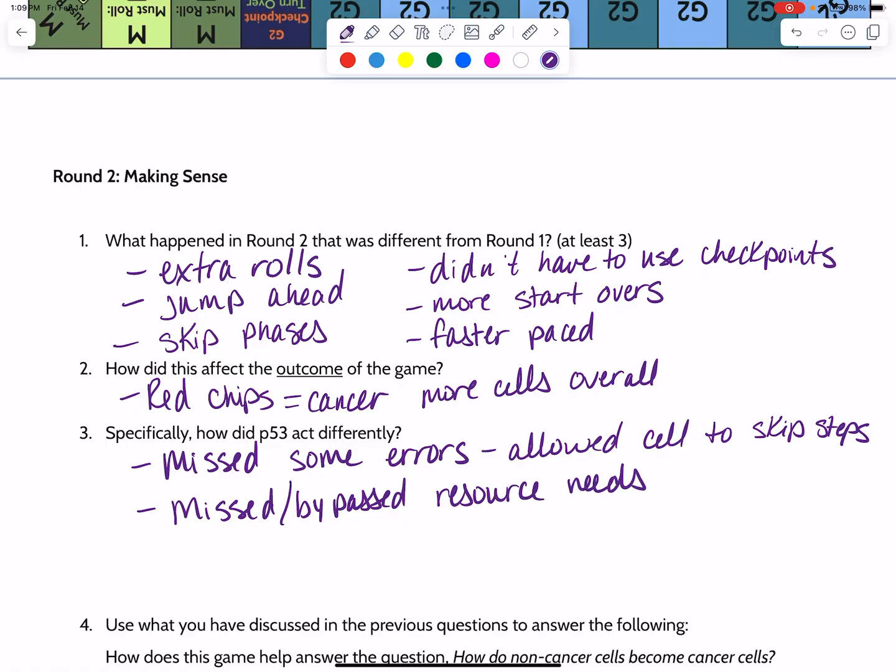Like there were times I went all the way around and I maybe had one thing. I didn't have everything. So we heard Mr. Christian's talk in large group about how the cells are misshapen and they don't quite function correctly. And that's part of it. If it doesn't have all the resources it needs, then it can't just do the things.